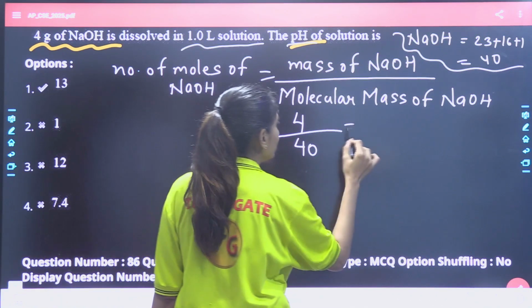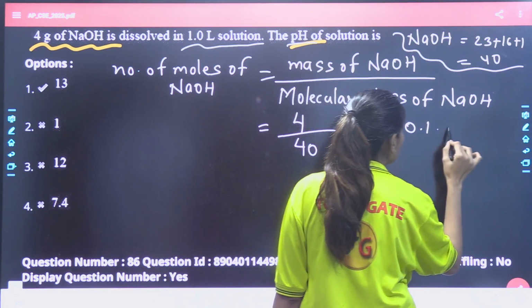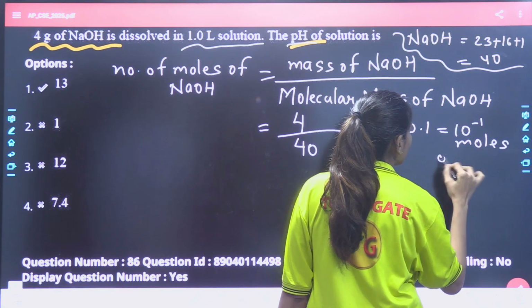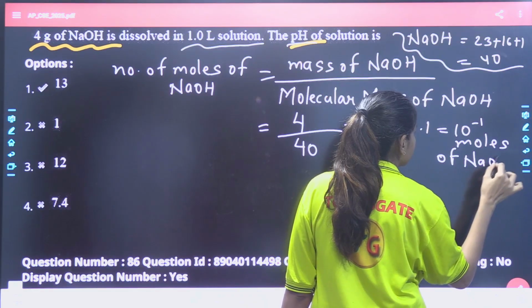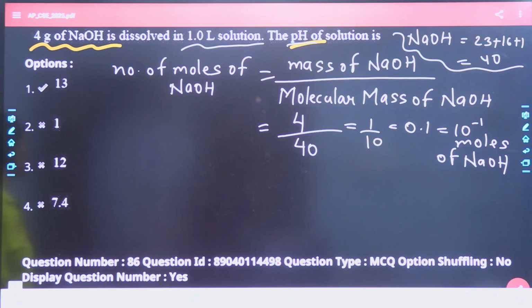Sodium is 23, oxygen is 16, plus 1 for hydrogen, so it comes out to be 40. So we are having 1 by 10, or 0.1 moles, or we can write it as 10 raised to power minus 1 moles of NaOH. Clear this much?